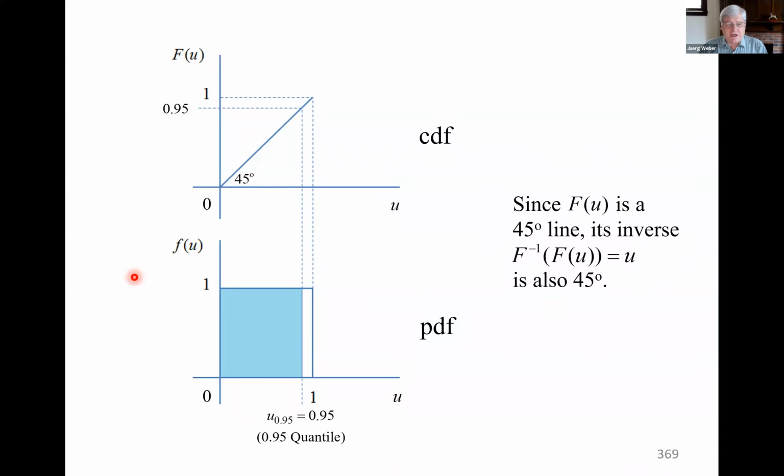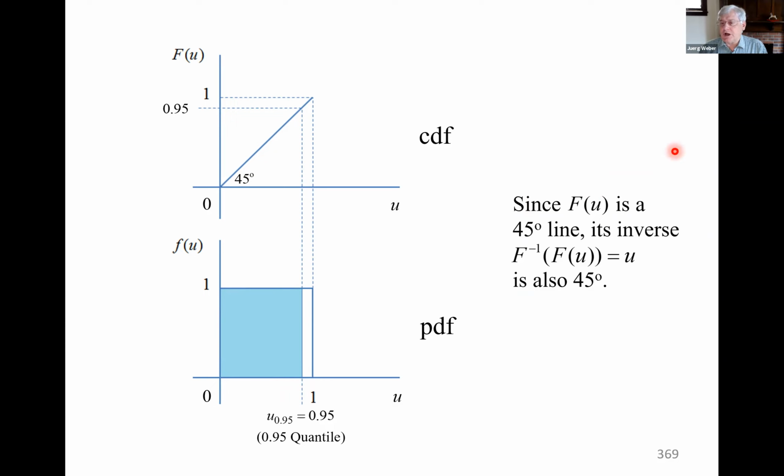So that's the uniform distribution. Also note 1 times 1 gives us just a probability of 1. The interval here is 1, and so naturally the density must be 1, the constant density, because the area must be 1.